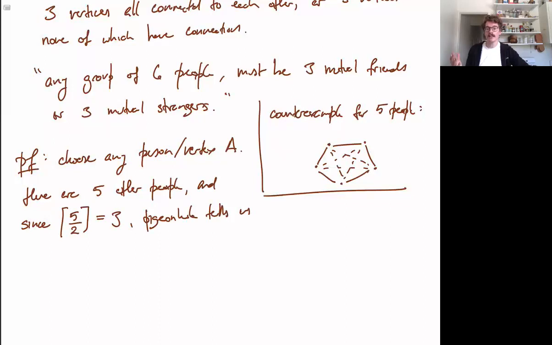there must be at least 3 people in one of these 2 pigeonholes, which means A must have 3 friends. So we don't yet know that they're mutual friends, but there must be at least 3 friends of A or 3 strangers.